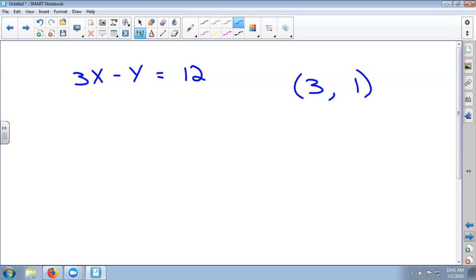Is this a solution? Well, let's plug it in and see. What is the x value? 3, right? The first one's x, second one's y. Okay. So the x value is 3.